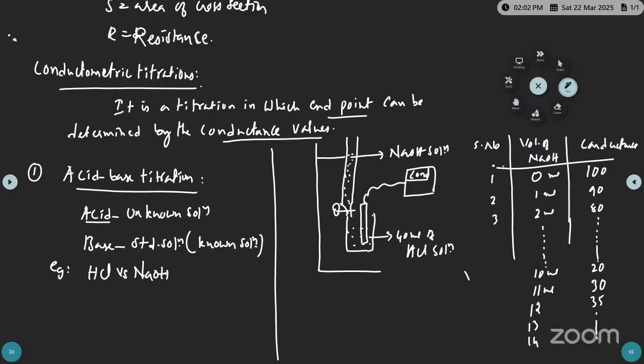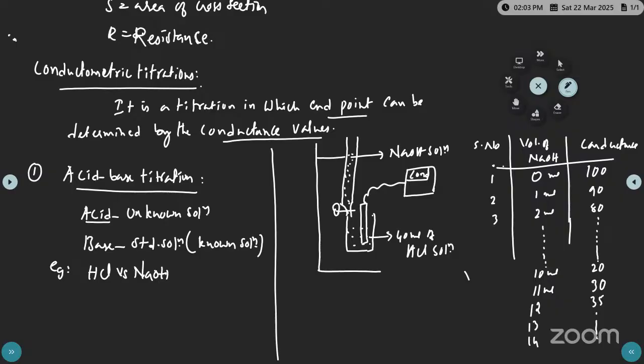We take the end point where the conductance starts to increase, at what volume the conductance starts to increases. See here, from the start to the 10th ml the conductance decreases, and by adding the 11th ml the conductance starts to increases.